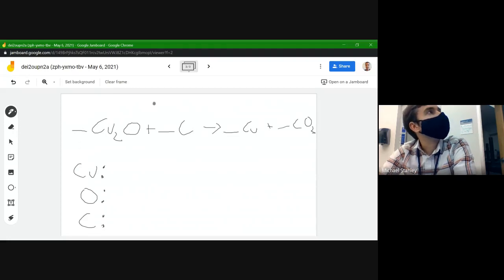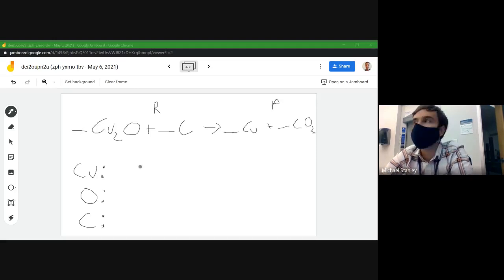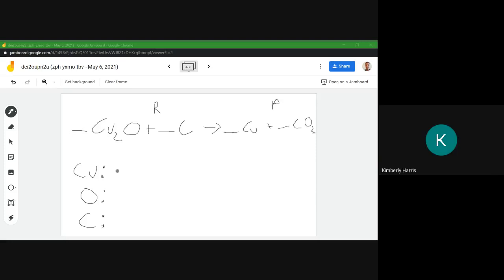So we've got the reactant side, we've got the product side. So on our reactant side over here on the left-hand side, how many copper atoms do we have? Exactly. Robert just called it out in class here.